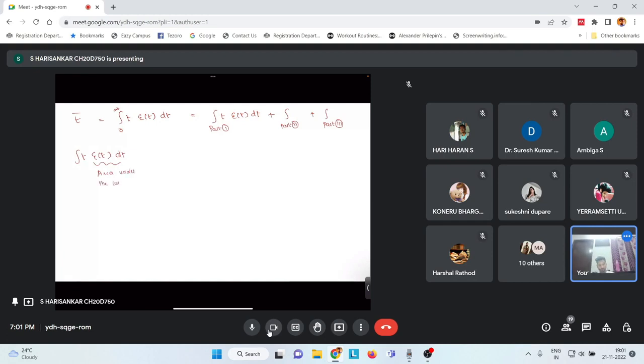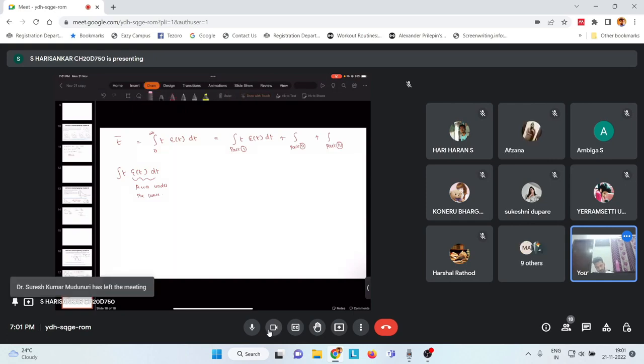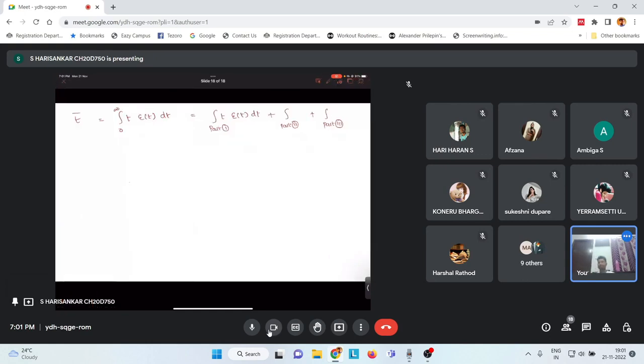Okay, sorry about that. That is a mistake. So basically, the residence time T bar will be a sum of the integral of T E of T dt for part 1, plus the integral of T E of T dt for part 2, plus the integral of T E of T dt for part 3.